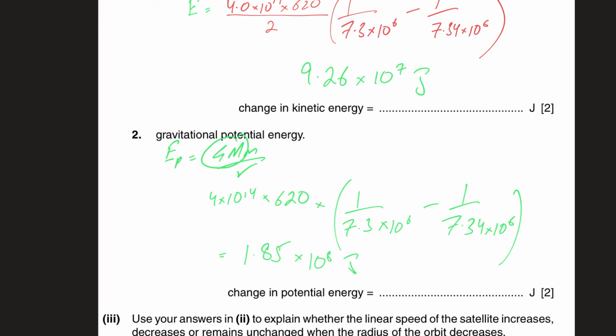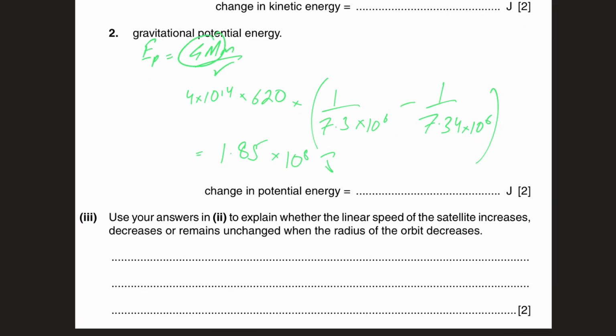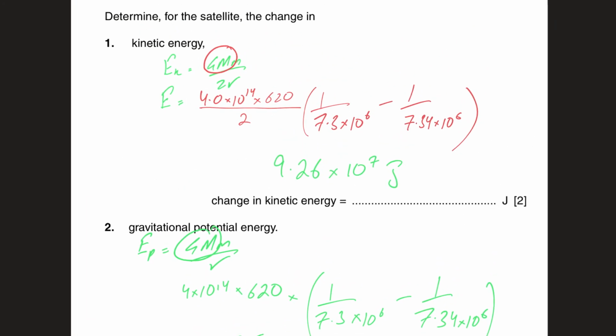The last part of the question says use your answers in 2 to explain whether the linear speed of the satellite increases, decreases, or remains unchanged when the radius of the orbit decreases. Now the linear speed of the satellite has to do with the kinetic energy. If you have a look here, this is the final kinetic energy, this part here.